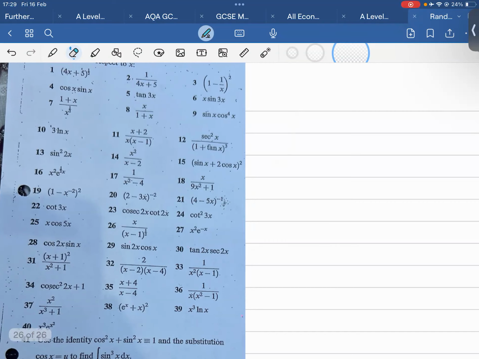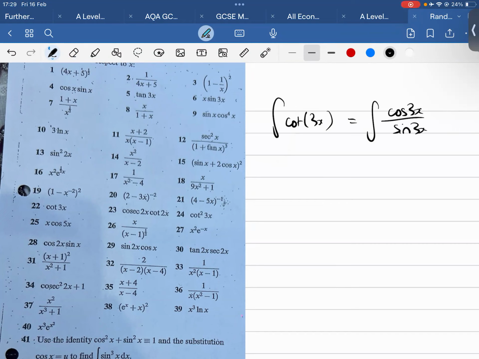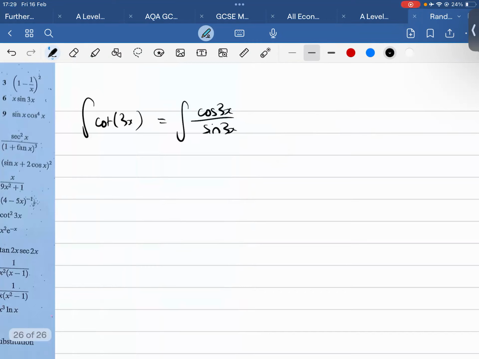So I would do it as 1 over tan 3x, which is cos 3x over sin 3x, and then do substitution of either sin or cos. Let's just do it as u equals sin 3x. So then du by dx is 3 cos 3x.